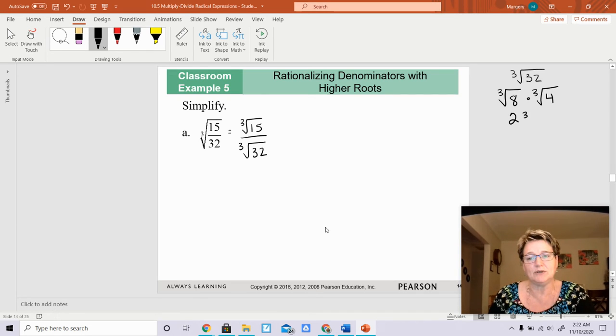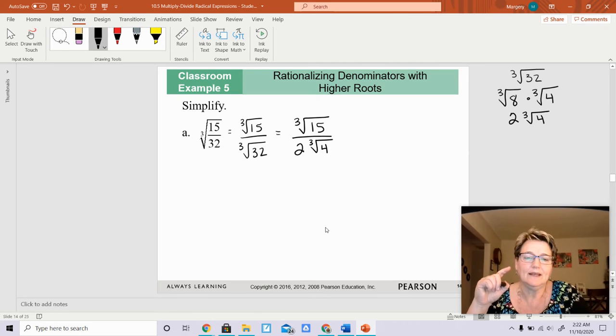And then it's going to be 2 cube roots of 4. So I'm just going to leave that like that, and I'm going to simplify it. So the cube root of 15 over 2 cube roots of 4.